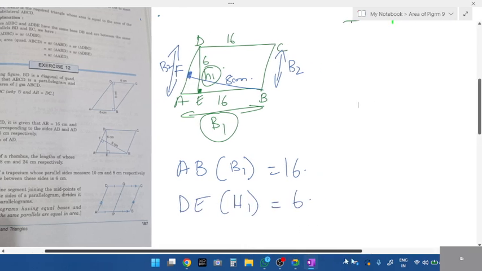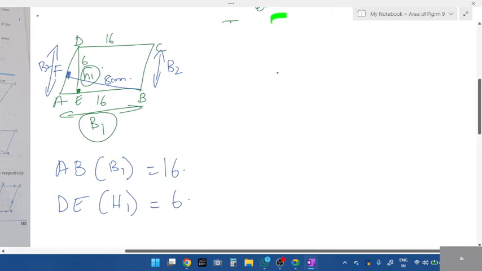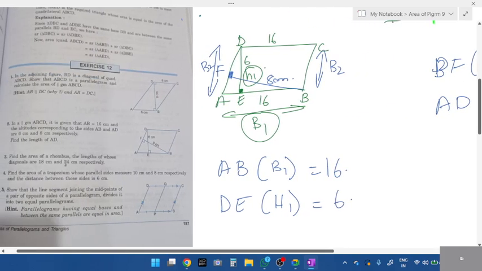Next, tell me the next one. What is the next height given? BF is the height 2. Shall we take it as height 2? How many centimeters? 8 centimeters. Where is BF touching? AD. That is what we need to find, right? Find the length of AD. Is this clear?